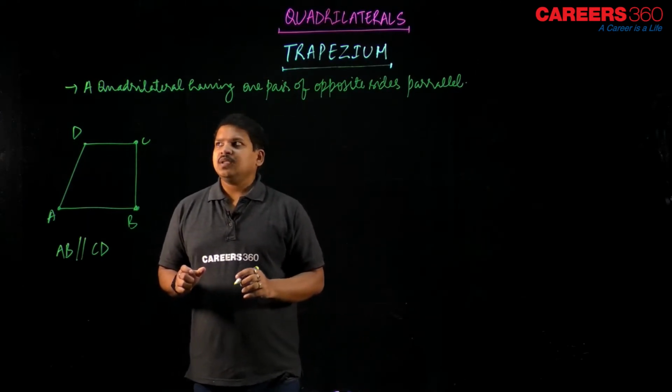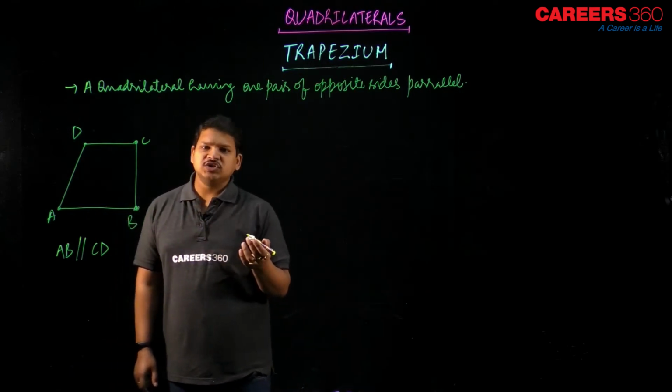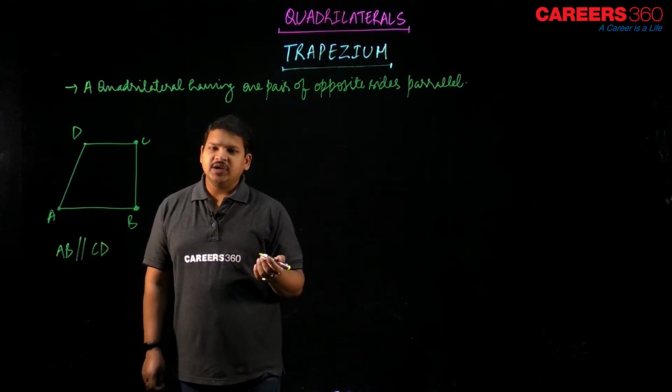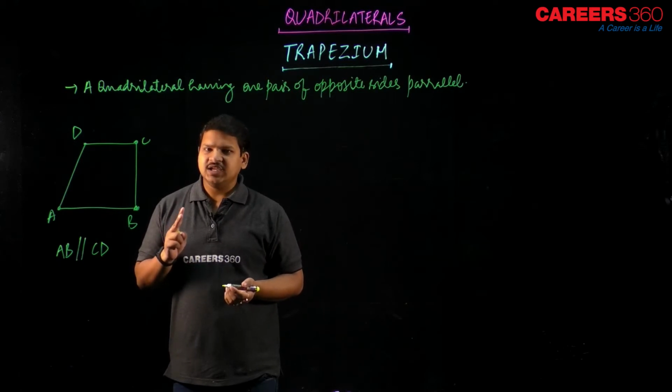Now, a special type of trapezium is known as an isosceles trapezium, in which the two non-parallel sides are equal to each other.